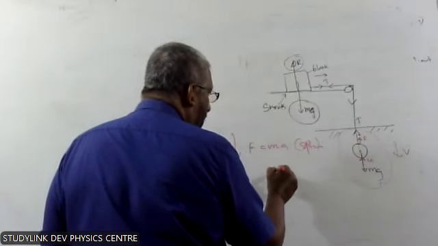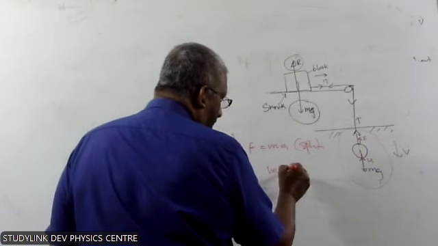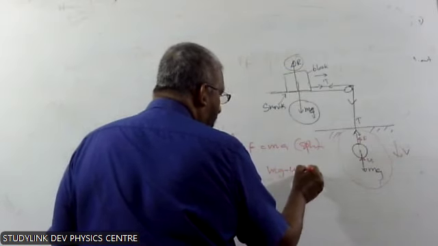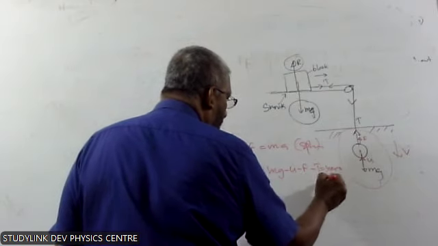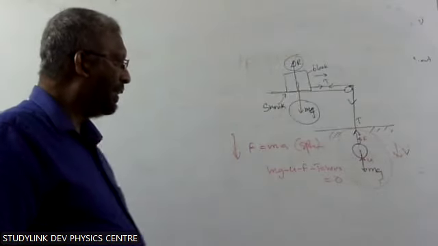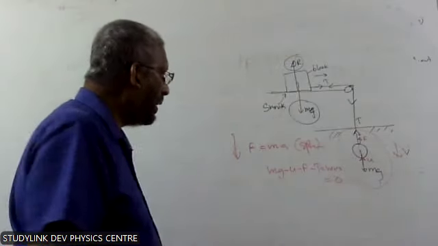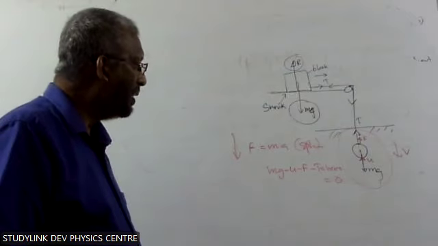Then mg minus U minus F minus T is equal to m into 0. That is 0. Why? At the terminal velocity, acceleration is 0. I applied F equals ma. This equation can be written for this.